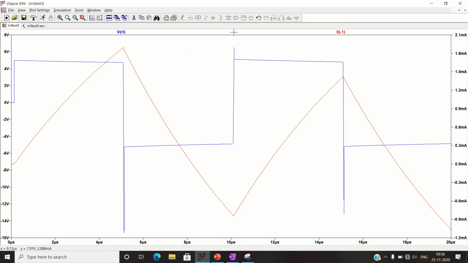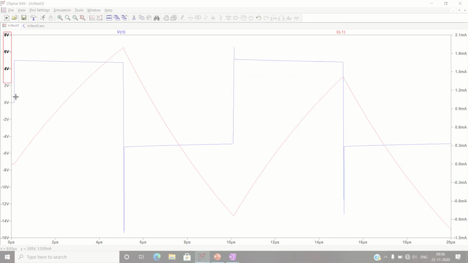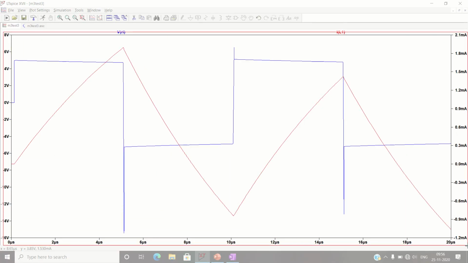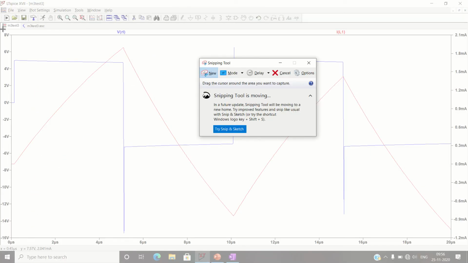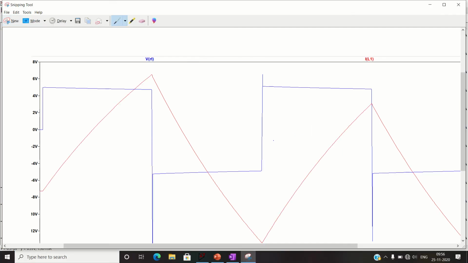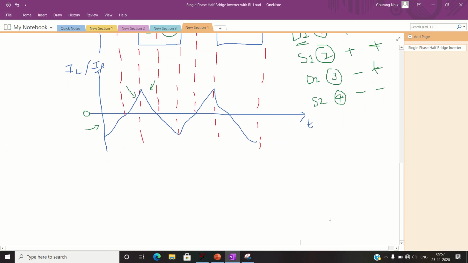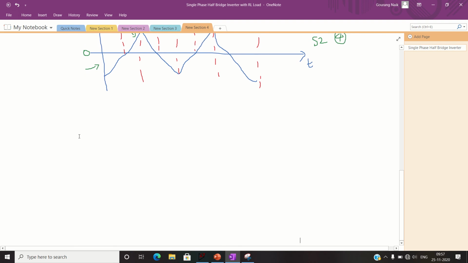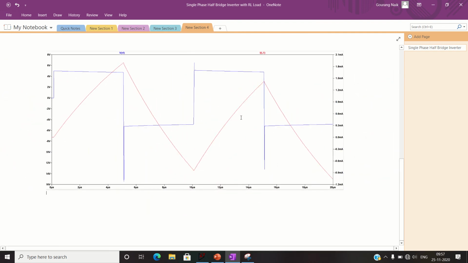What I will do is I will take a snapshot and copy this in this window. I'll just zoom out a little bit.